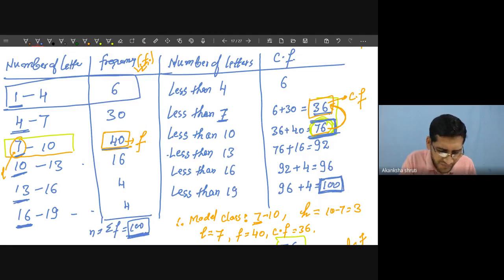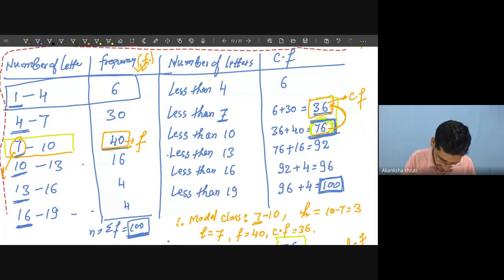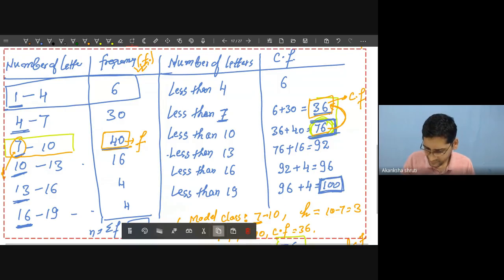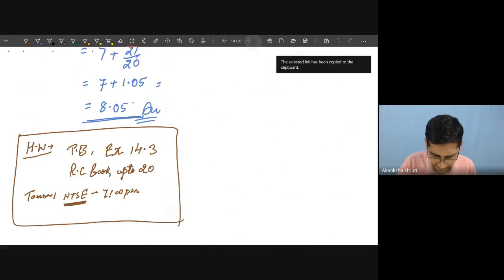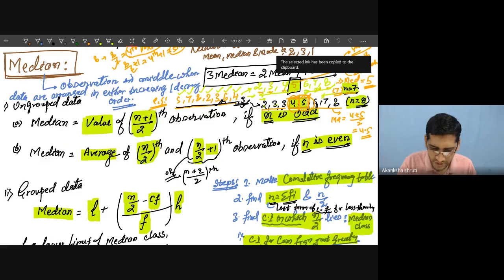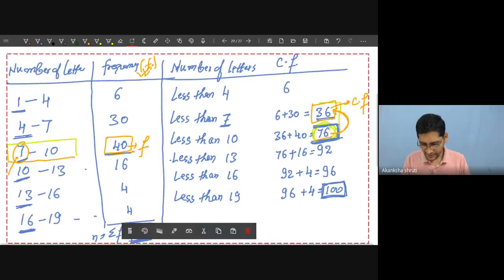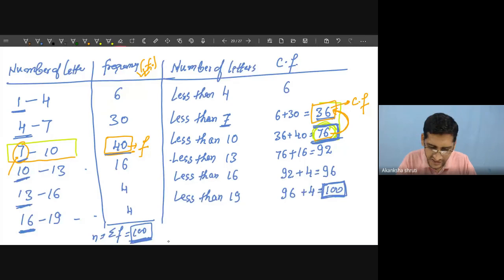So students, let me just copy this to explain that part. Means how to convert this into more than type. First, I will explain with this example. Students, here we are interested to convert it into the other kind.